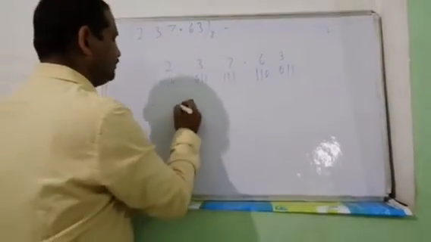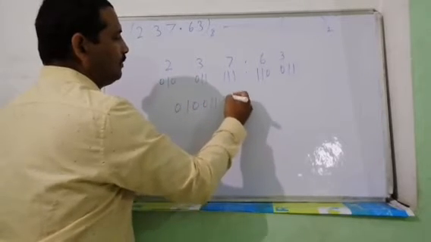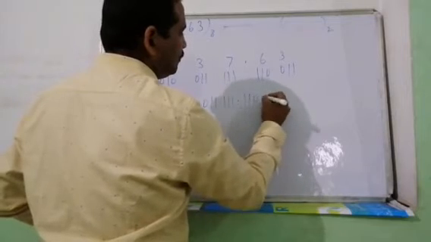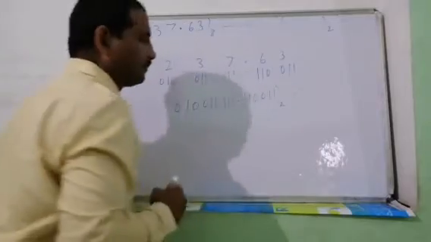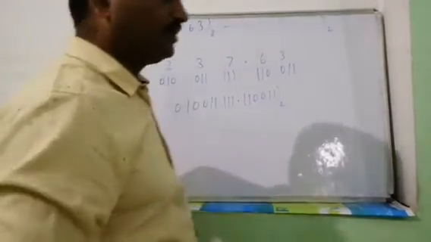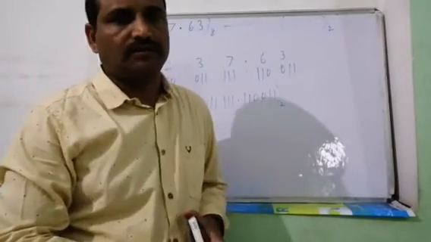When you combine them, 010 011 111 point 110 011 is the binary number. So this is the method to convert octal to binary and binary to octal.